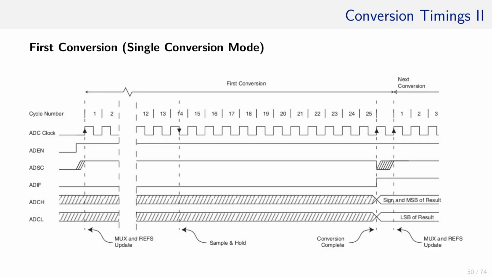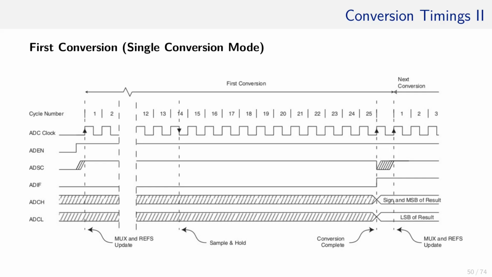While a single conversion takes 13 cycles, the very first conversion after activating the ADC by setting the ADEN bit is an exception. It takes 25 clock cycles in total, mainly because the sample and hold mechanism is to be initialized.